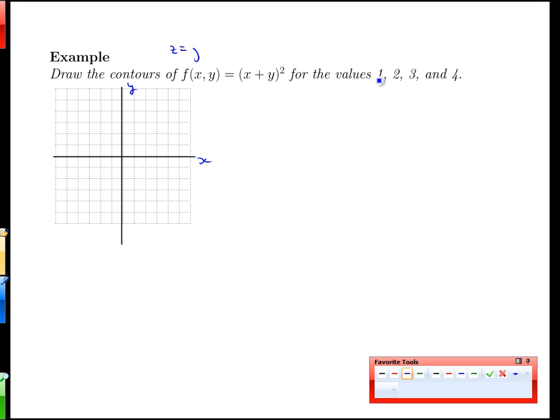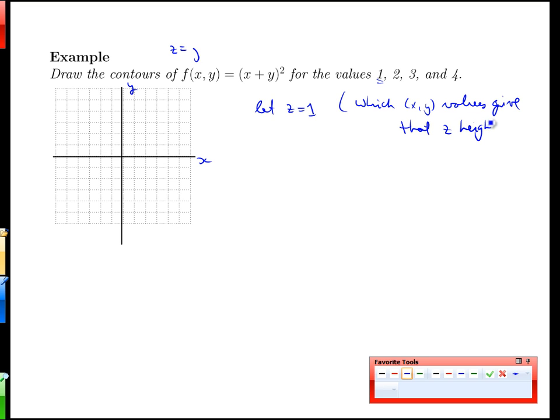So where do we start? Well, in a question on an exam or in a test, we'll give you some Z values to use, so we all start with the same goals. In practice, you'd have to pick some representative values based on what you know about the function. Let's start off here with a nice simple value like 1. So what we're doing is letting Z equal 1 and then asking which x and y values give that Z value.